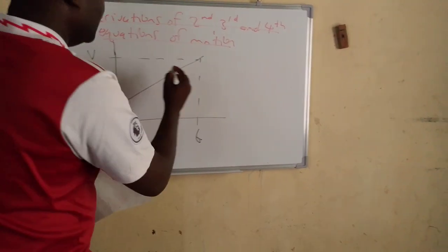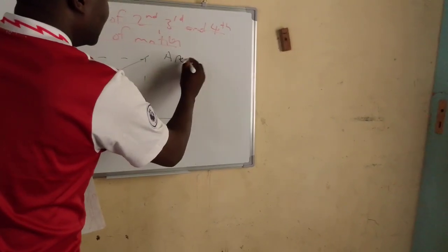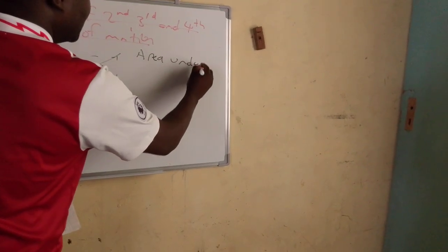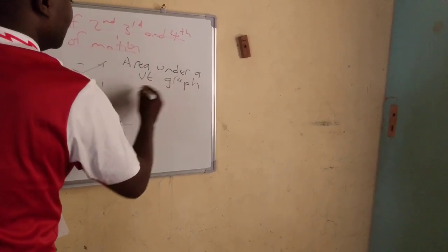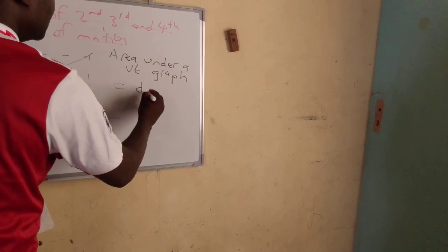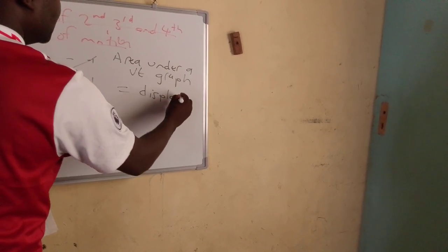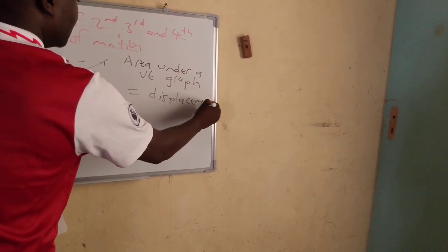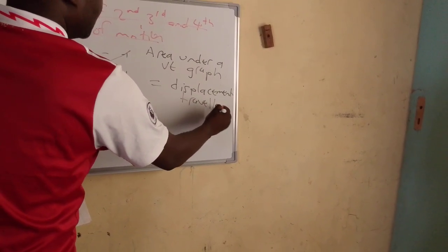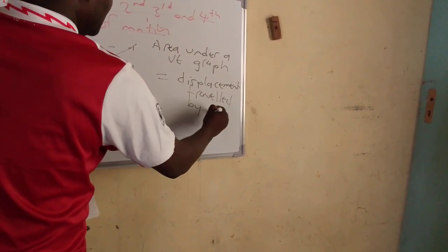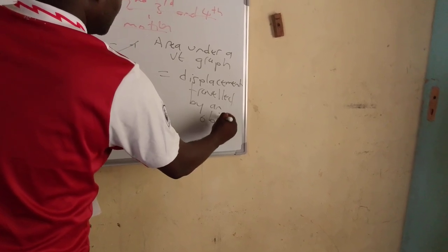The area under a v-t graph is equal to the displacement traveled by an object.